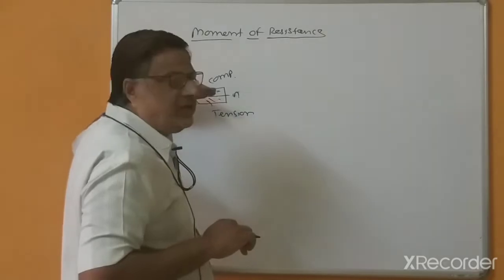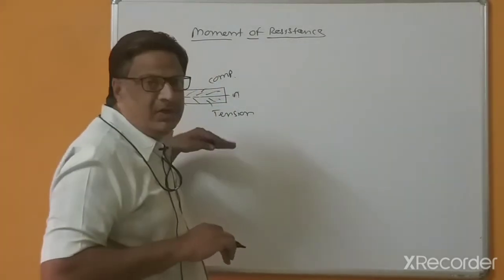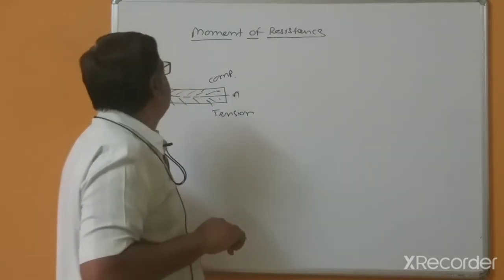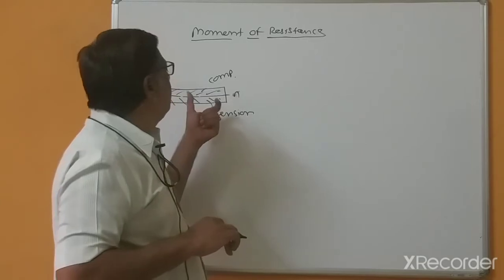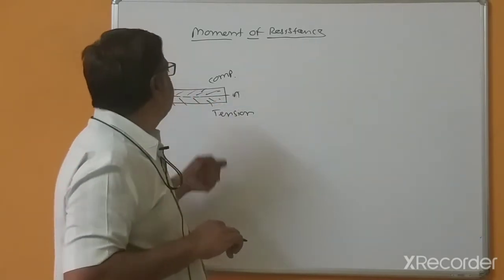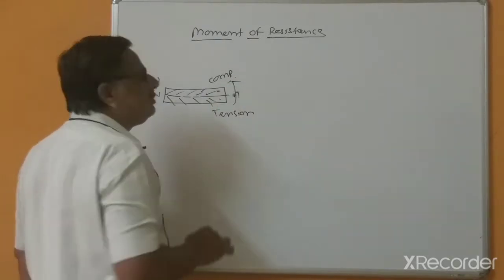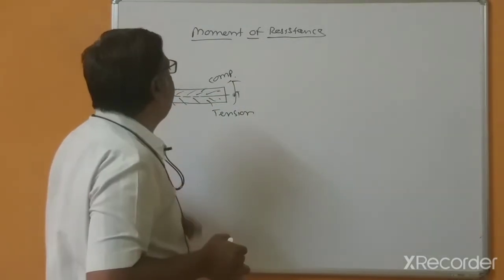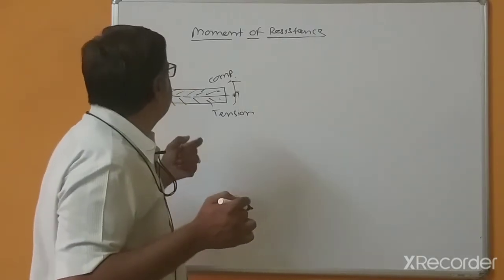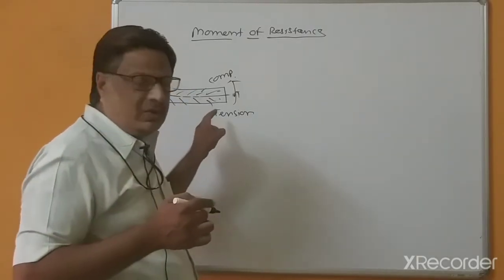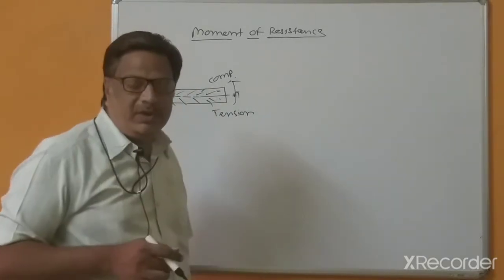Above the neutral axis, compressive bending stress is induced, and below, tensile bending stress is induced. Because of these different types of stresses, a moment occurs, and a couple acts. The moment due to this couple is known as the moment of resistance.